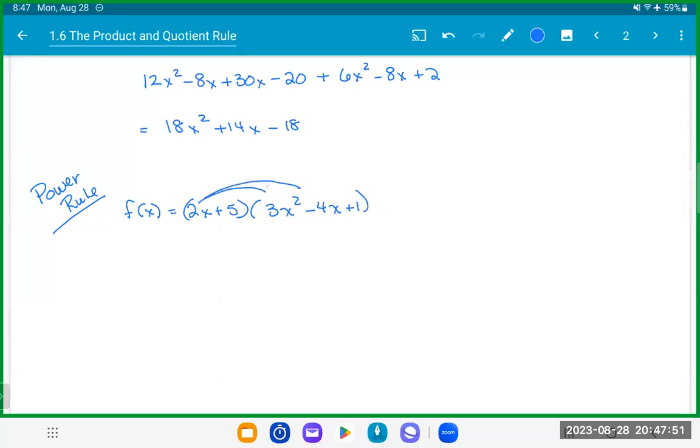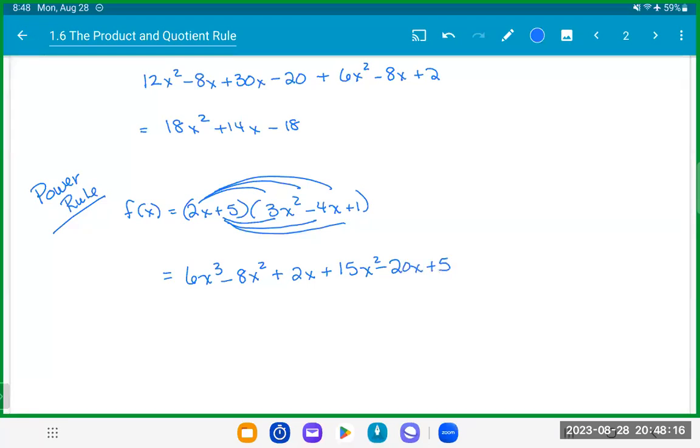So we have to distribute all of that. It's going to give me 6x cubed minus 8x squared plus 2x plus 15x squared minus 20x plus 5.